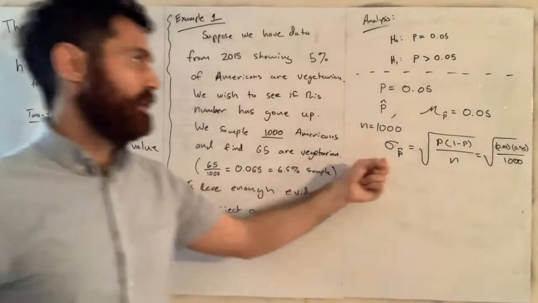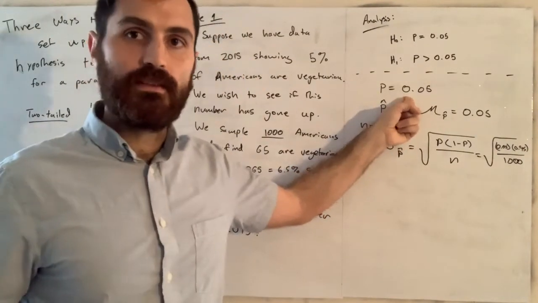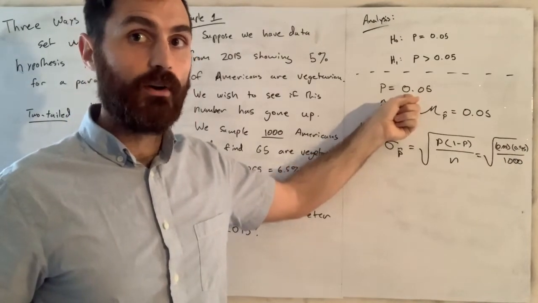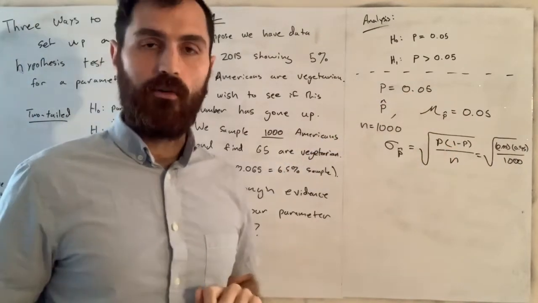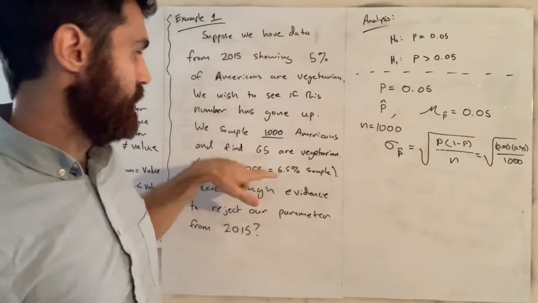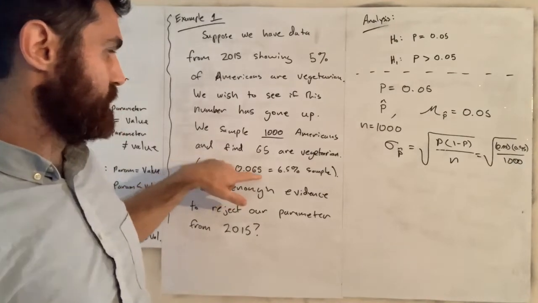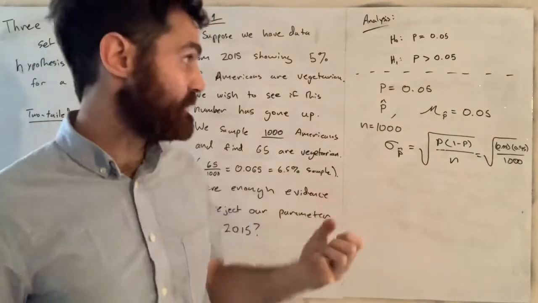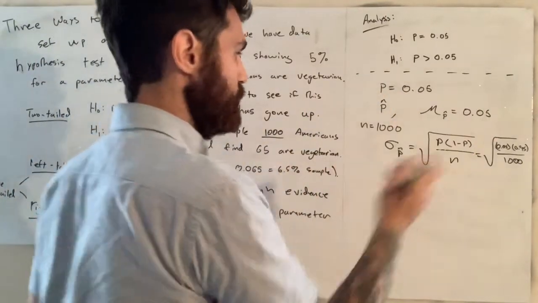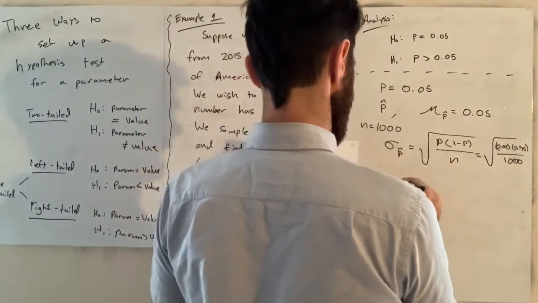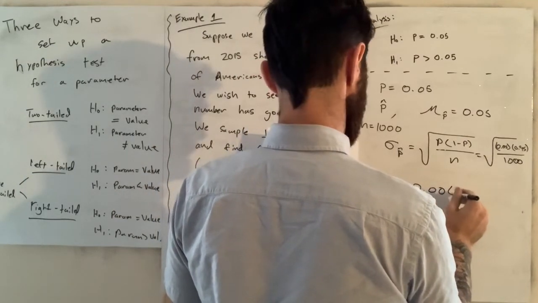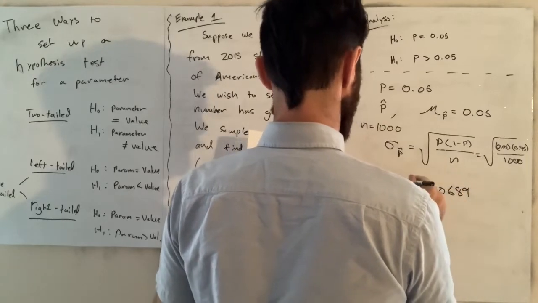One thing to keep in mind is because we're assuming that this is the actual parameter, we can use it in place of the actual parameter. We don't have to use the 0.065 as our best guess because we're in a world where this is true. All right? So that's going to give us 0.00689, or about that.